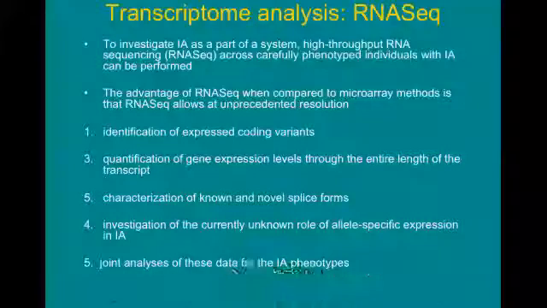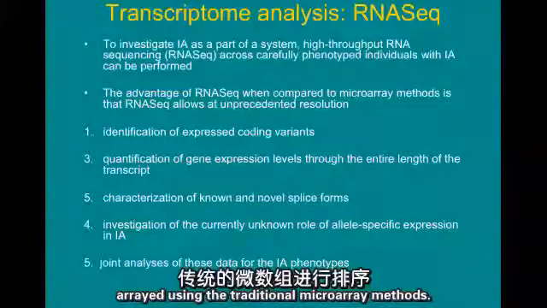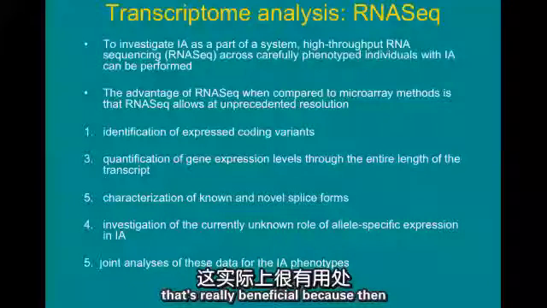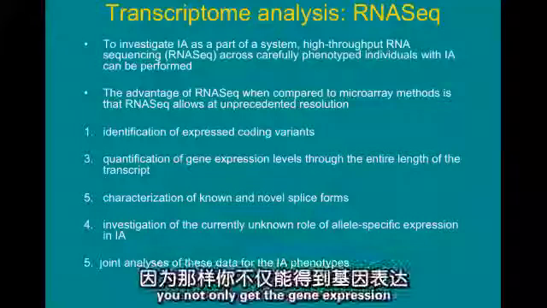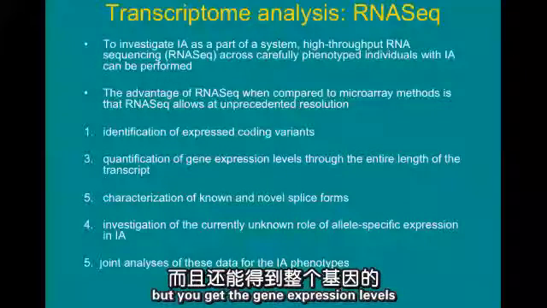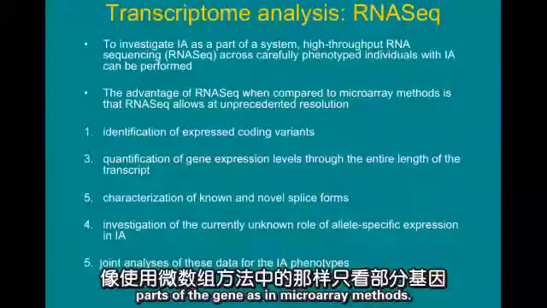When we have RNA of these individuals, it can be arrayed using the traditional microarray methods. But when we do the sequencing of the RNA, that's really beneficial, because then you not only get the gene expression at some points of the gene, but you get the gene expression levels throughout the entire gene, because you are sequencing, not just looking at certain parts of the genes as in microarray methods.